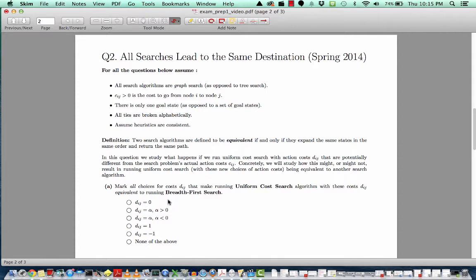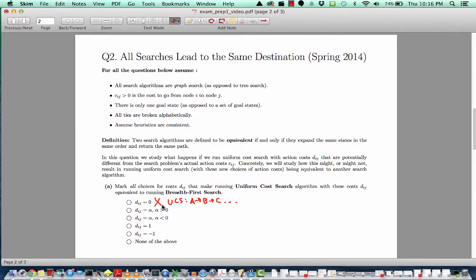So the path that uniform cost search returns here is just going to be A, B, C, etc., because ties are broken alphabetically. Breadth first search, on the other hand, is going to expand nodes in the order based on shallowest nodes first, and the deeper nodes at the end of the search. So we know that this is not true.